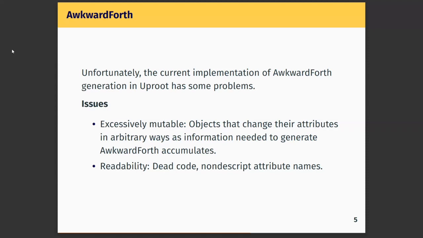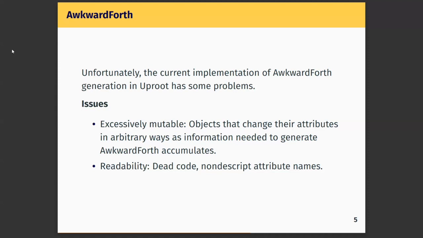The first big issue is that it's excessively mutable. What we mean by that is, as information needed to generate the AwkwardForth code accumulates as we read through the file, these Python objects change their attributes in arbitrary ways, and when you're trying to trace back a problem, it's very difficult to follow what happened.